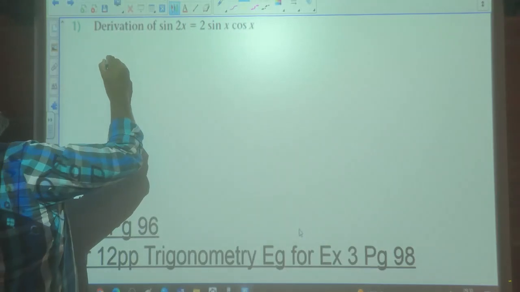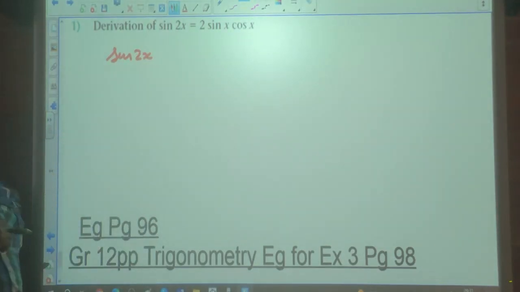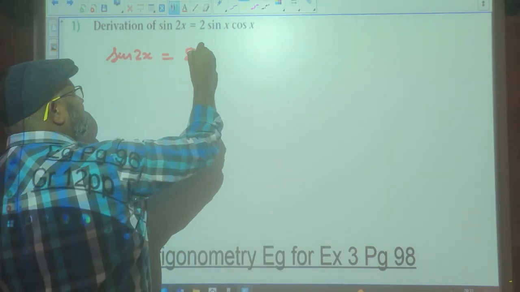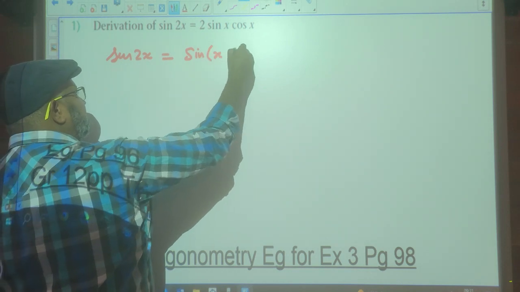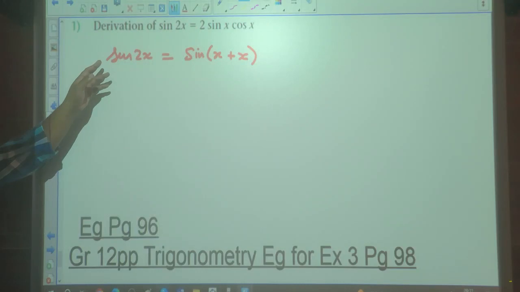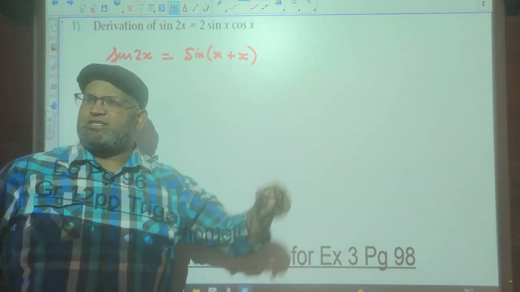We know that sine 2x can be written as a compound angle, as two angles being added. This can be written as sine of x plus x. What's x plus x? 2x. If this was sine 2 theta, then it could be written as sine theta plus theta.